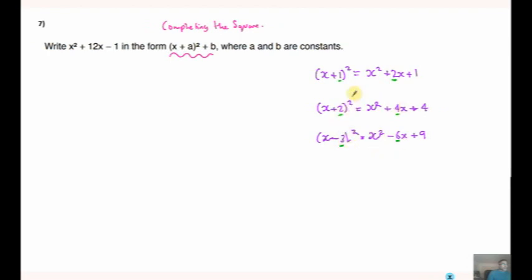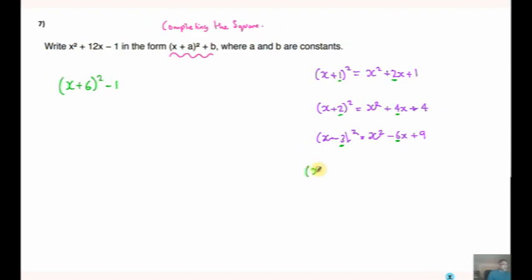Now if you notice, the number, when it's expanded there, has a relationship with the number in the bracket. Every time it's double. So if I use that in this case, for x squared plus 12x, I'm going to start this off with x plus, and then whatever that is, I'm going to half it. So it'll be x plus 6 squared. Now if I expand this out, that will not get me, even if I had the minus 1, the same as those two, and I'll show you why.